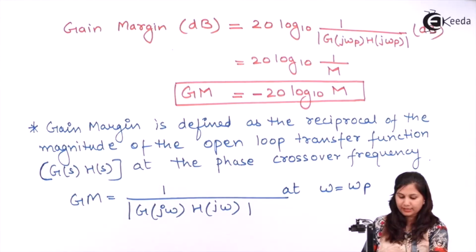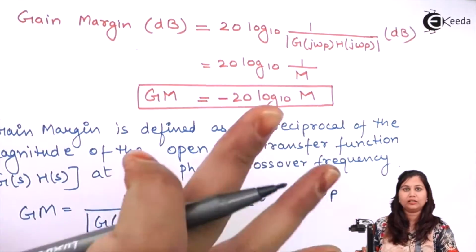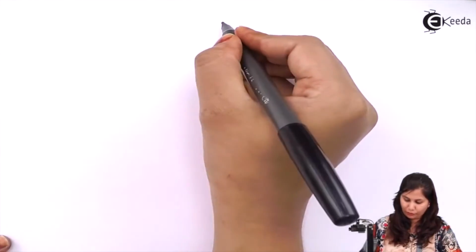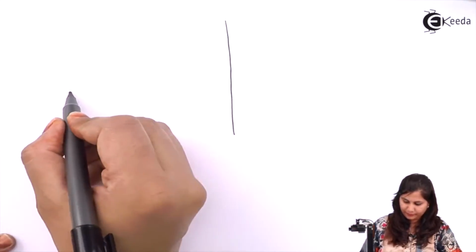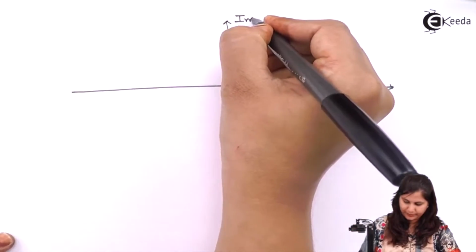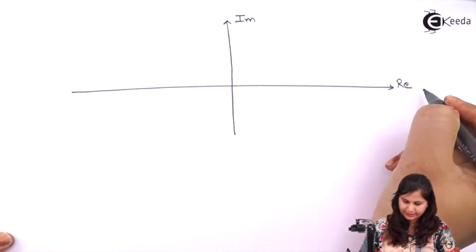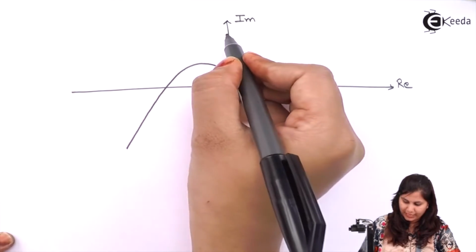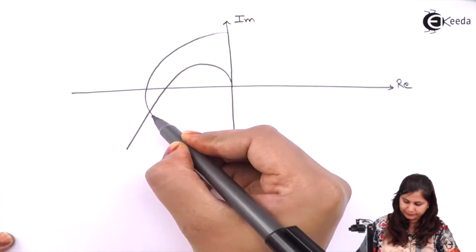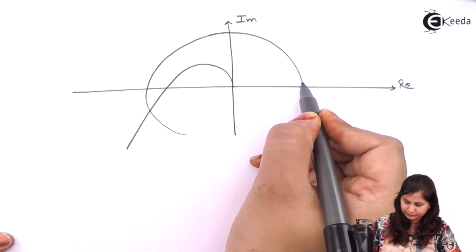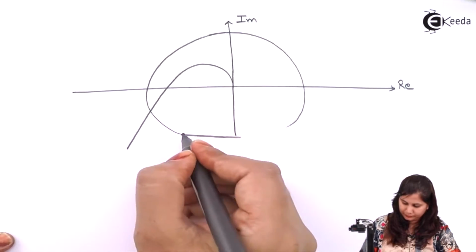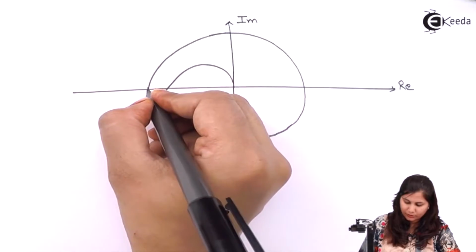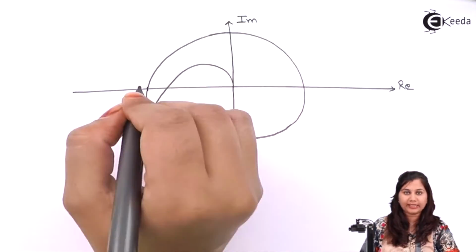Now, if we want to see how we can calculate it from the polar plot, let's see the polar plot of a system. This is the imaginary axis, this is the real axis, and this is the polar plot of a system. Now we have a unit circle here, and this unit circle has a radius of 1.